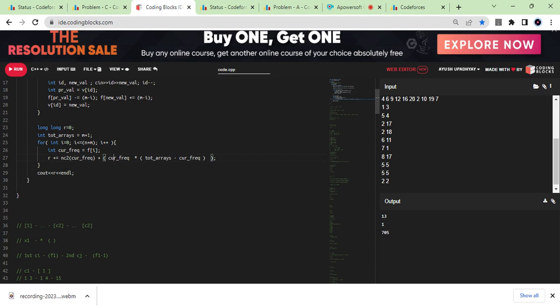For this value, how many arrays of this chain contain this value? Now I'll do NC2 for that, because these two, one and two and two one, combine in NC2 unique ways. And then all these arrays which have this value can combine with all those arrays which do not have this value, and will give you plus one for that. So current frequency into total array minus current frequency.